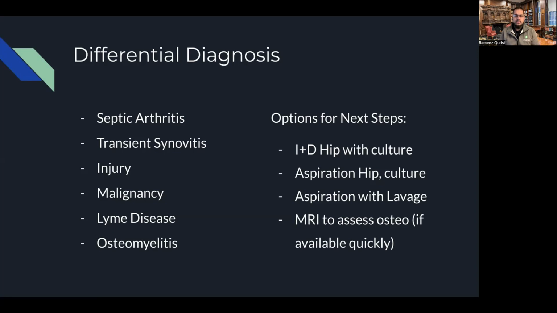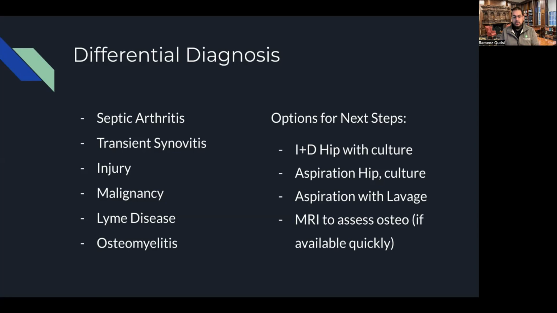So options for the next step here would just be going straight to the OR for an I&D and then sending cultures. You could aspirate the hip with or without ultrasound and then send the culture. You could also do an aspiration with lavage, which is a historic and known treatment for septic arthritis of any joint, just aspirating and irrigating and doing this perhaps a few times until the patient is better.